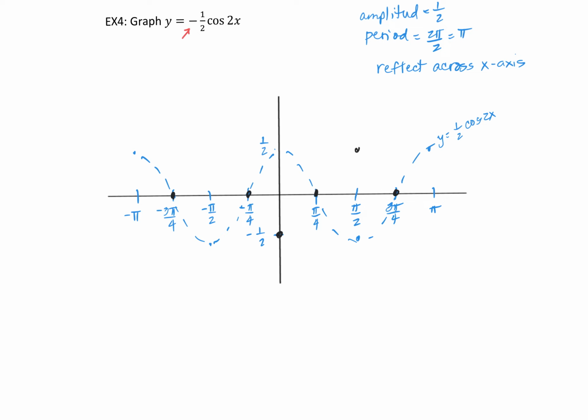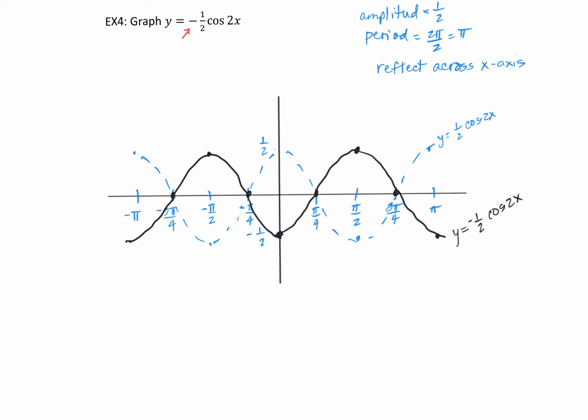The negative values will come back up to positive. So this 1 at pi, we have a positive 1/2. It's going to come down to a negative 1/2. Okay. So again, the zeros stay the same. If it's a negative 1/2, it comes back up to positive. And if it's positive, it goes down to negative. So this would be the graph y equal to negative 1/2 cosine of 2x.